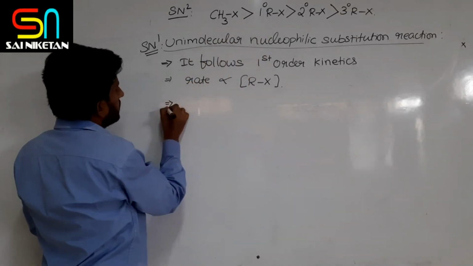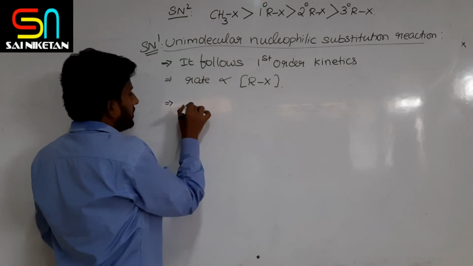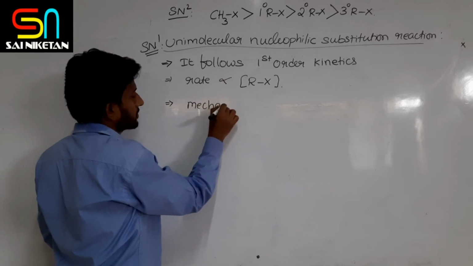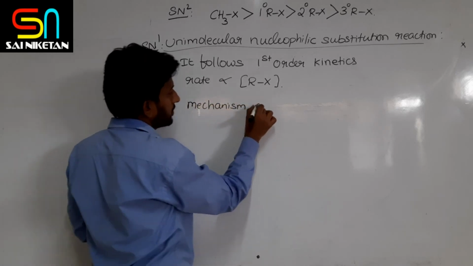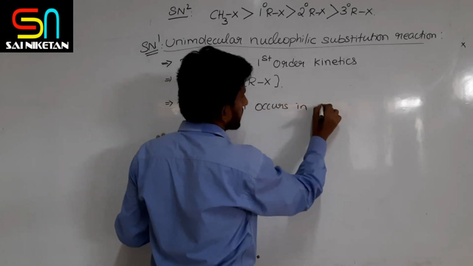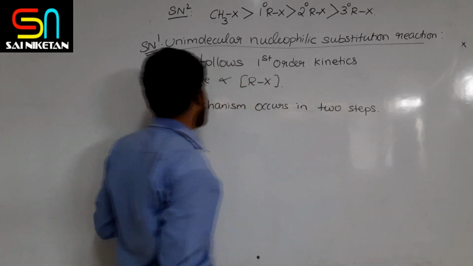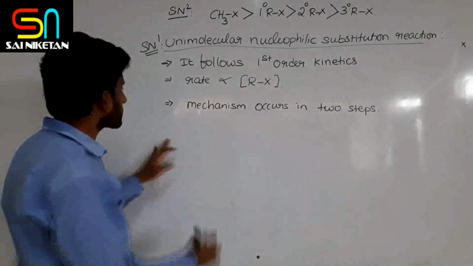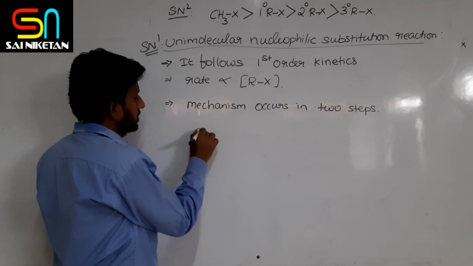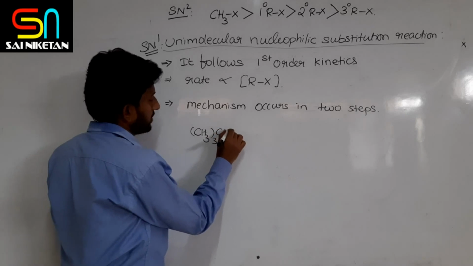Now, one general example if you take, the mechanism of this one occurs in two steps. What are the steps, how it is occurring? Any general example I would like to take here, like tertiary butyl bromide.